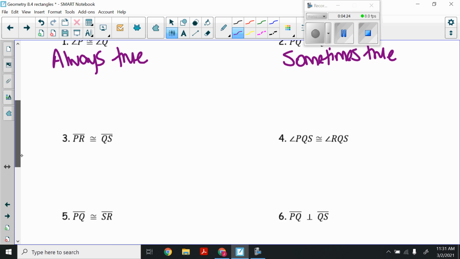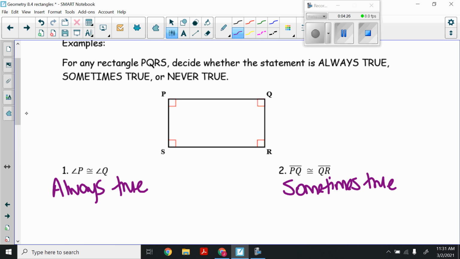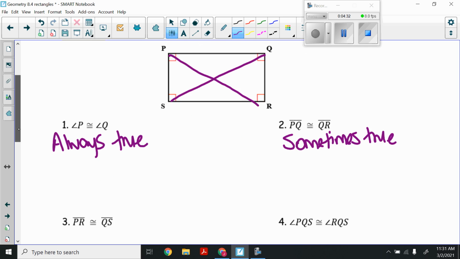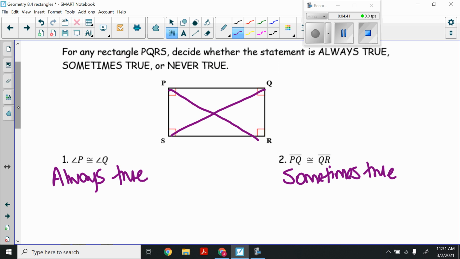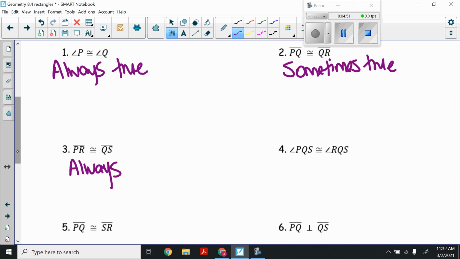Number three, PR is congruent to QS. So those are our diagonals. That is always true in a rectangle. Number four, angle PQS. So this little angle up here is congruent to angle RQS. This little angle over here. This is going to be sometimes true.